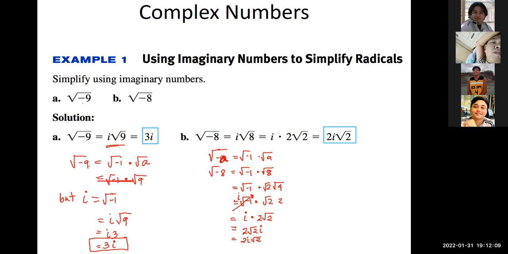Kasi meron pa tayong radical dito eh. So dito natin ilagay para hindi malito yung I na nakapasok doon sa radical side. So 2i multiplied by square root of 2.